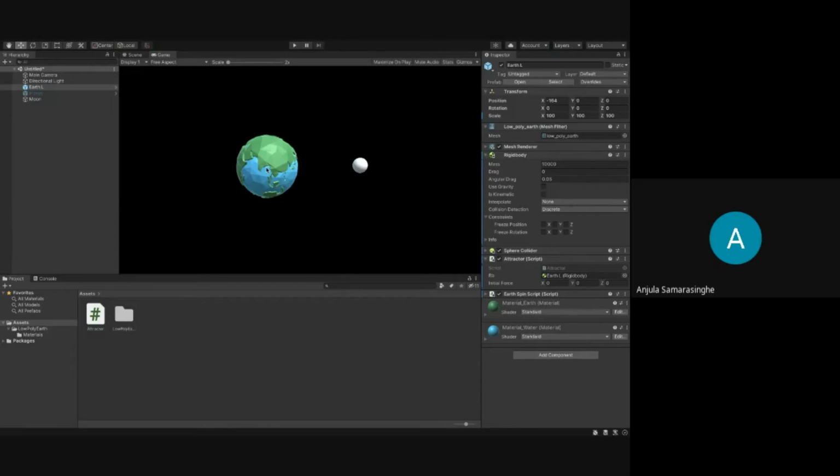We can calculate that acceleration using Newton's second law, which means we can calculate the acceleration of an object by dividing the force by its mass.